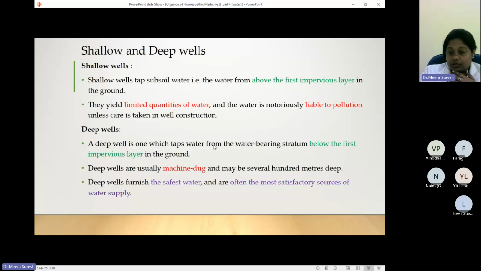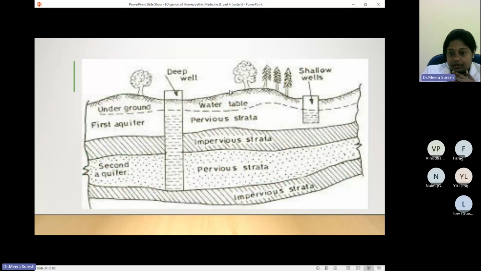It is tapping water from the water bearing stratum or the pervious strata, the second aquifer, which is below the first impervious layer. So above the first impervious layer, it is the shallow well. Below the first impervious strata, it is the deep well.